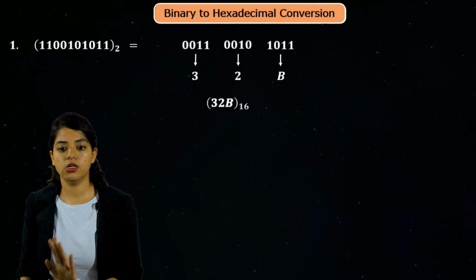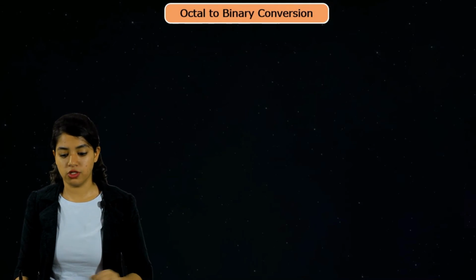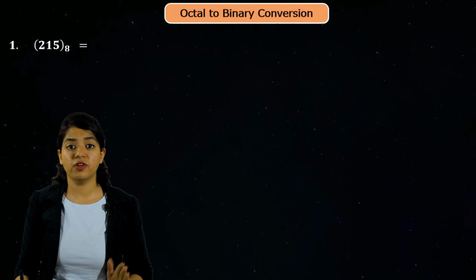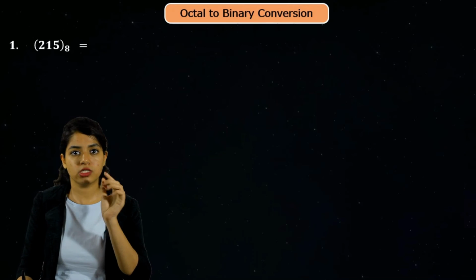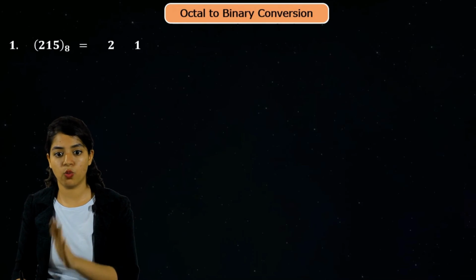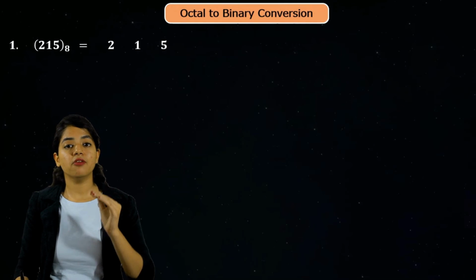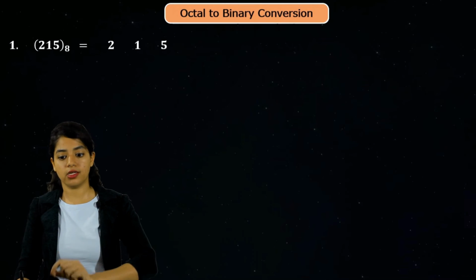Now let's consider an example of octal to binary conversion. This is the octal number given, and we have to convert it into a binary number. It is similar. We have to consider one digit at a time. So 2 1 5: we are considering 2, then 1, then 5, and we will convert each of these digits into binary.